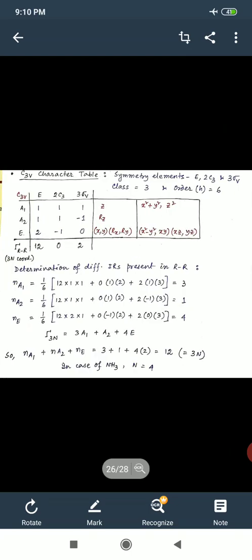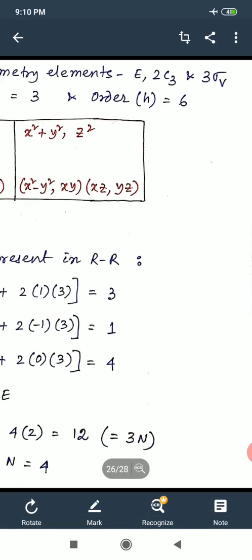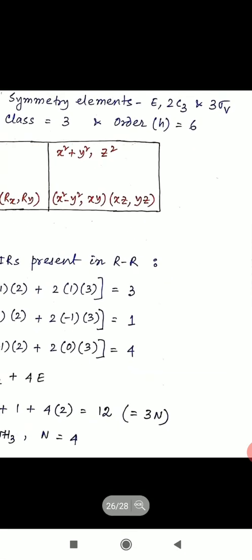Next I am coming to the C3V character table. In the C3V character table, the symmetry elements are E, 2C3 and 3 sigma V. So what is the class?